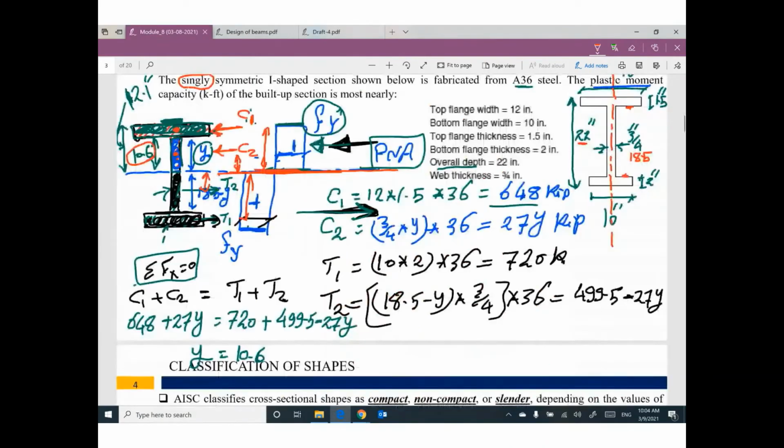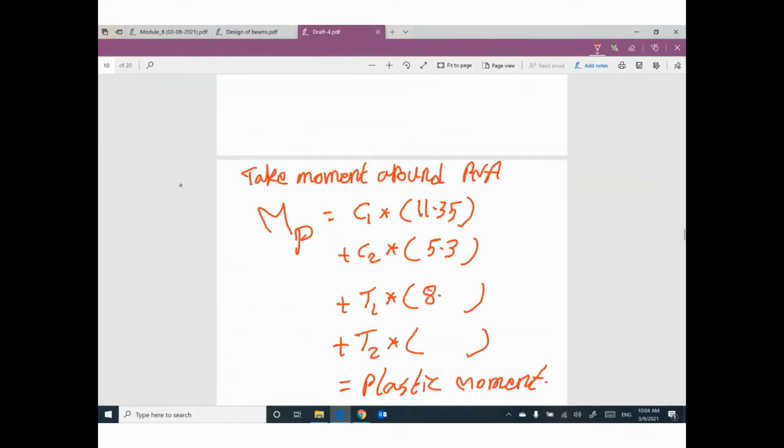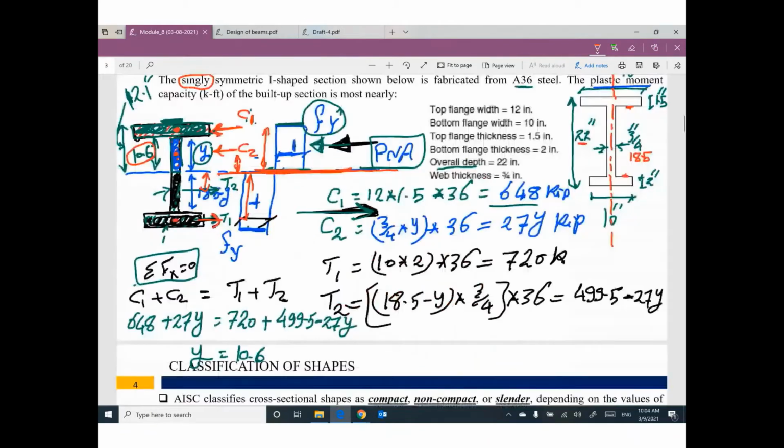What is the distance between T1, at the centroid of the bottom flange, and the plastic neutral axis? 18.5 minus 10.6 plus 1, which is 8.9. What is the distance between T2, at the centroid of this part of the web, and the plastic neutral axis? It will be 3.95.